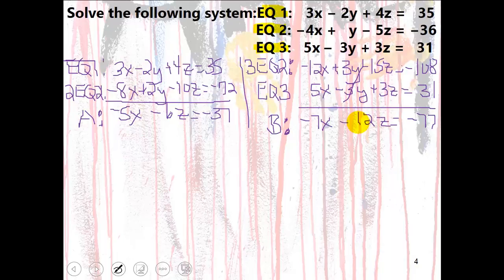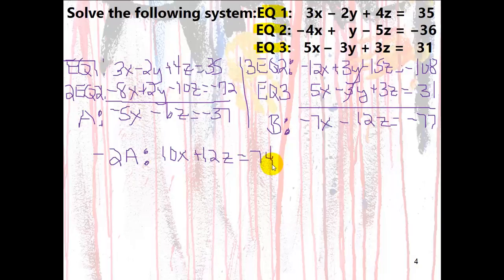I'm going to do that by going to negative 2 times equation A. That gives me positive 10x plus 12z equals positive 74. And now I'm going to add it to equation B: negative 7x minus 12z is equal to negative 77.